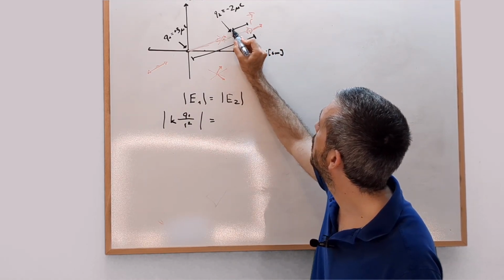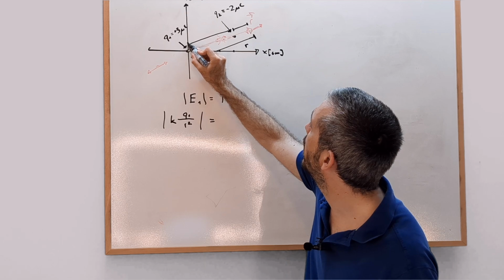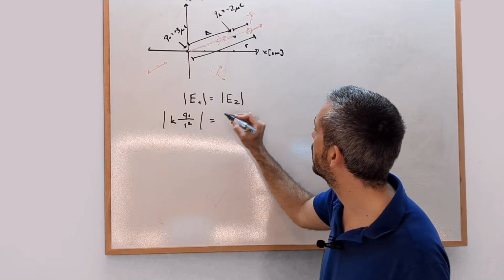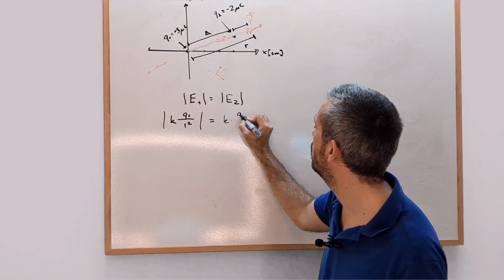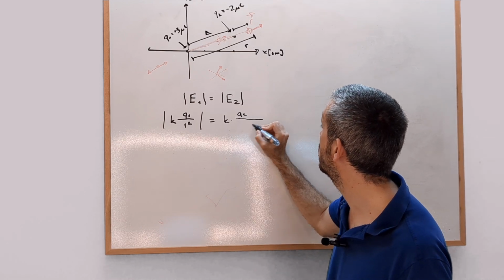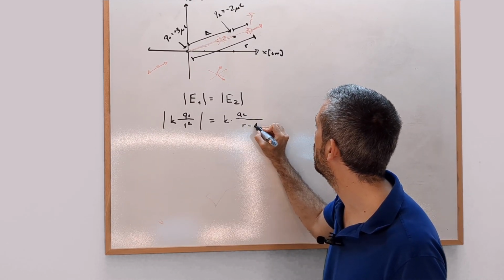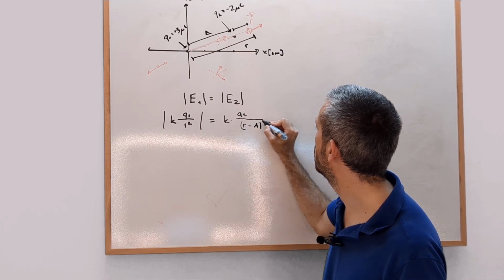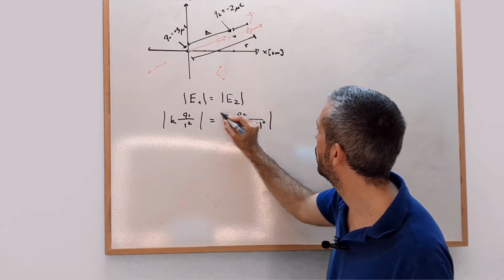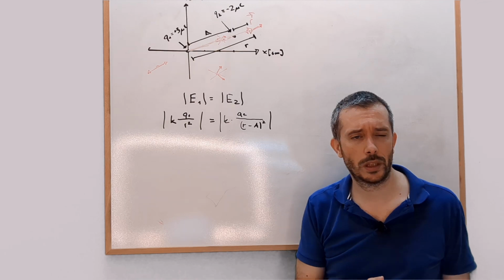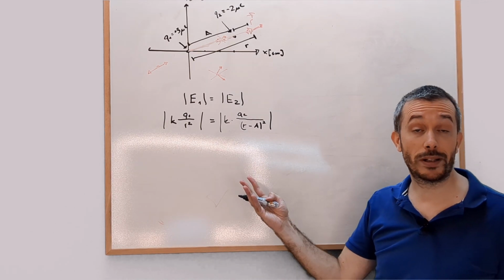That's R minus the distance between the objects. So I have k times Q2 over R minus the distance between the objects squared. Most of the work is already done.